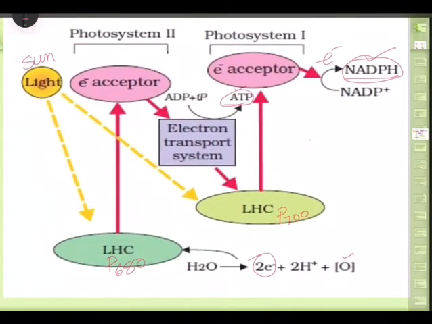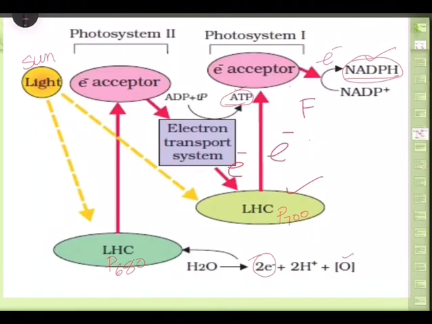Just to give you further clarity, to make you understand better, let me take you back to what I said yesterday. That is the Z scheme, and we were talking about this Z scheme, PS1, PS2. This is what I want you to draw again. Now, we said cyclic photophosphorylation takes place here, P700 only.